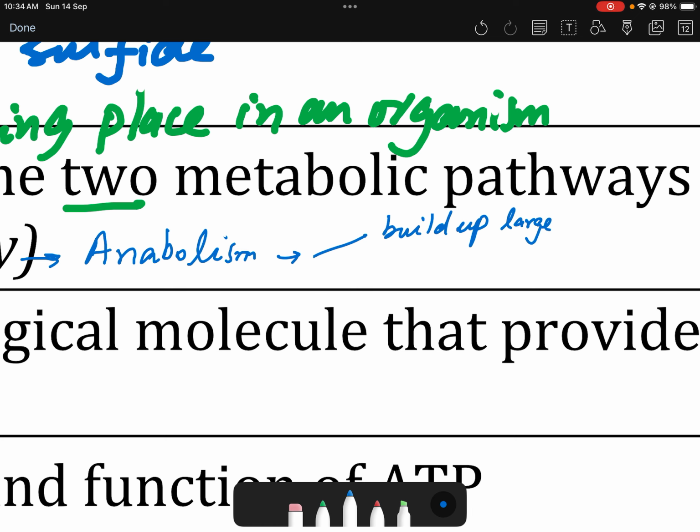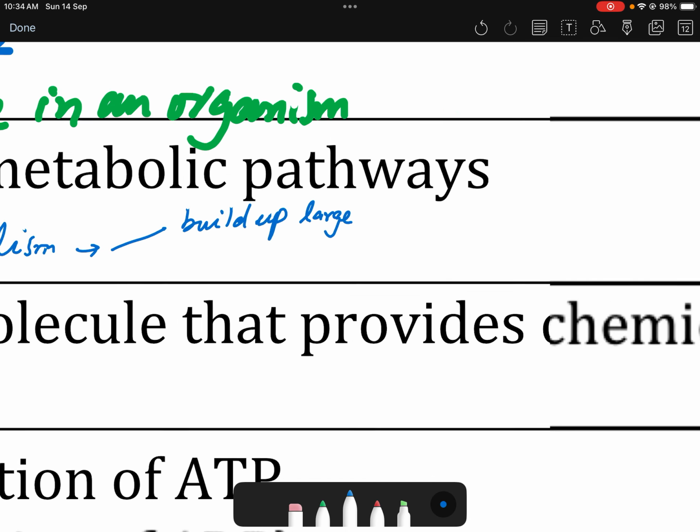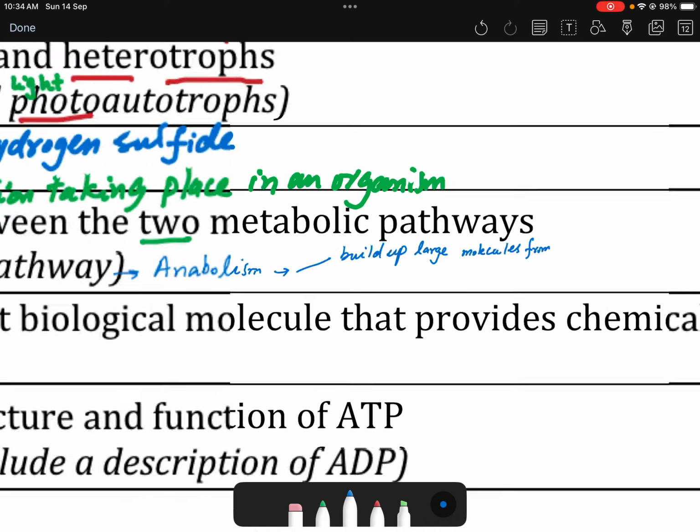So we build up large molecules from small molecules, or you can say the other way, small molecules join to make large molecules, and here energy is absorbed. So this is how it works.